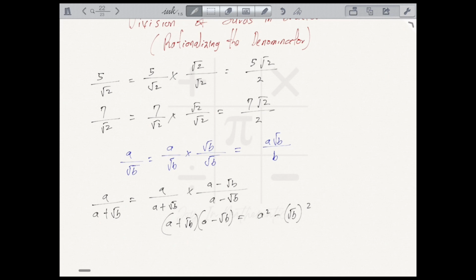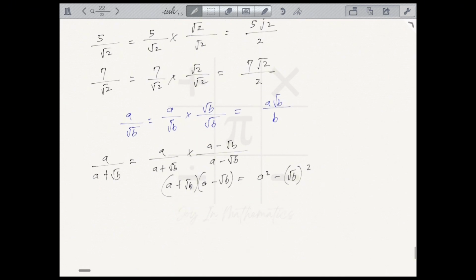All right, so the key to solving this is to multiply the numerator and denominator by the conjugate of the denominator.